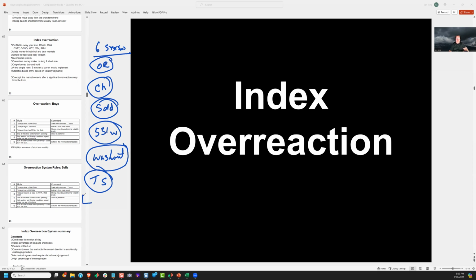Now, each one of these has an optional add-on rule called the continuation pattern. I want you to think of it as a module, which says, if I had one of these trades and it worked, and then I exited in the usual spot, and then if instead of going all the way back, it resumed a positive direction after I've exited, then the continuation pattern is how you can re-enter.